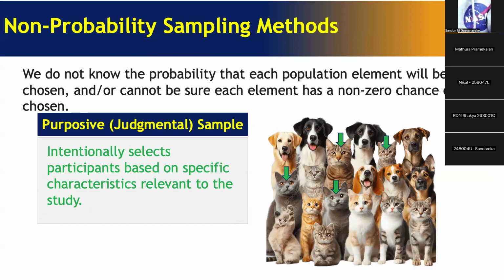It can be doctors in the neighborhood, janitors in the neighborhood, drivers, anybody whose specific characteristics are relevant to the study, and we intentionally select those participants, right? So that's very specific. That's why it is purposeful, judgmental sampling.